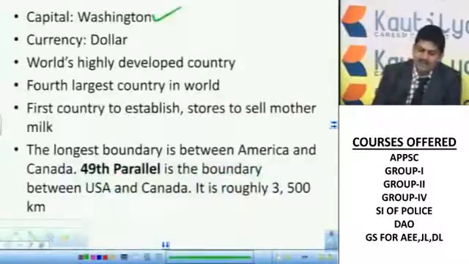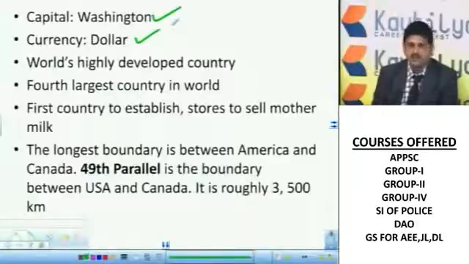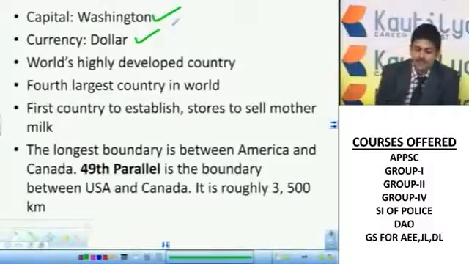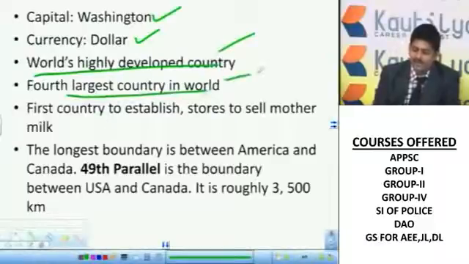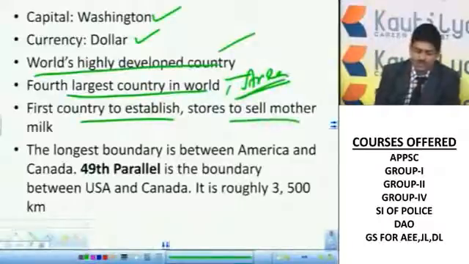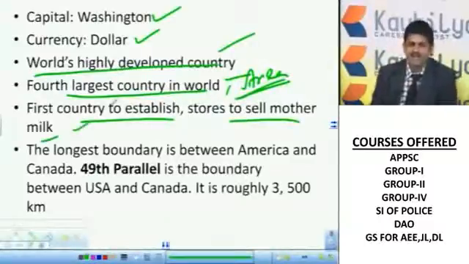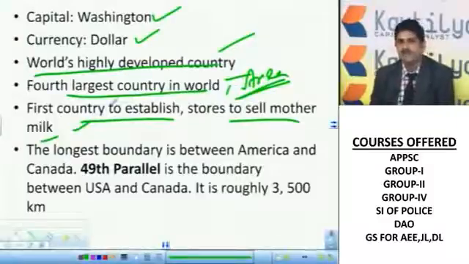The capital is Washington. Its currency is the dollar. It is probably a highly rated currency in the world. Next, it is the world's highly developed country, the 4th largest country in the world area wise. It was the first country to establish stores to sell mother's milk. This bit was asked in various competitive examinations.